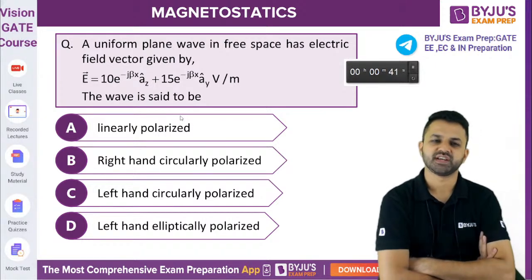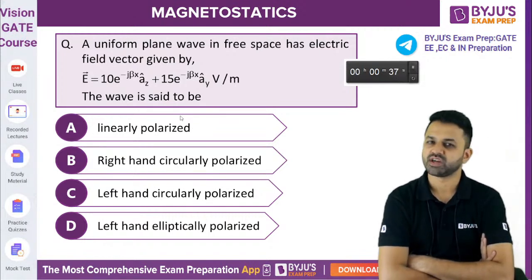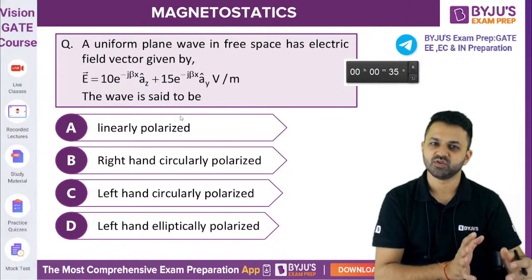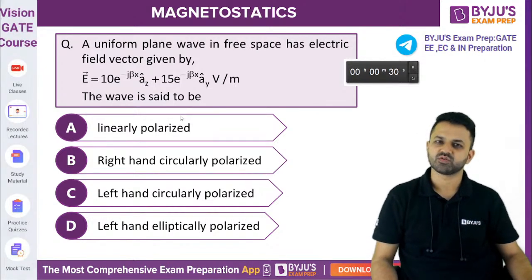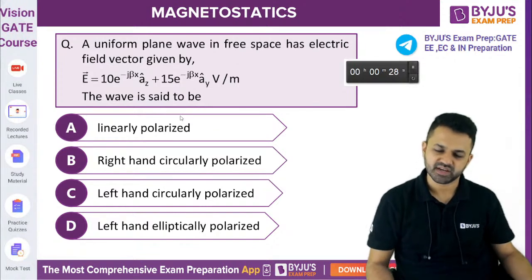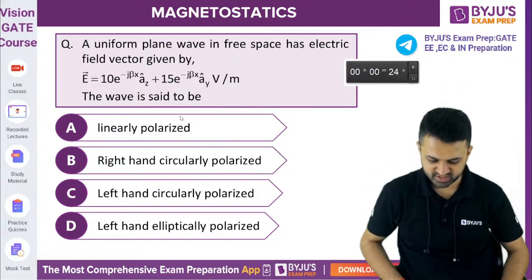Suppose you are solving 20 questions, then if you have time and you can review 10 questions, then you can be sure that those 10 questions are 101% correct, and the remaining 10 questions obviously have 90% chances of being correct, because if you have marked it, that means you have got the correct answer.